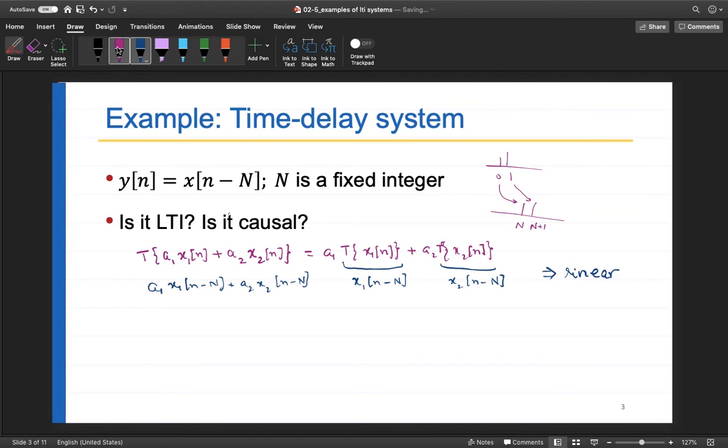Now let's look at the next property, time invariance. So what is the basic definition of time invariance?